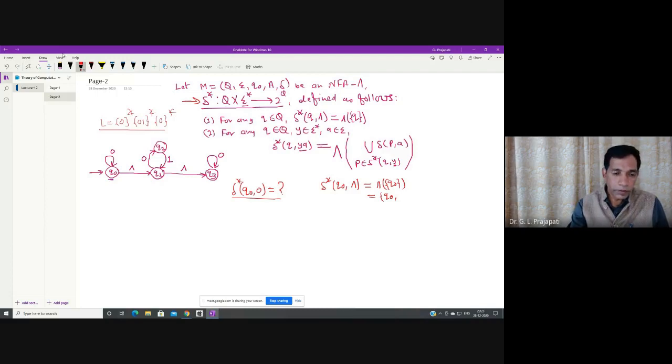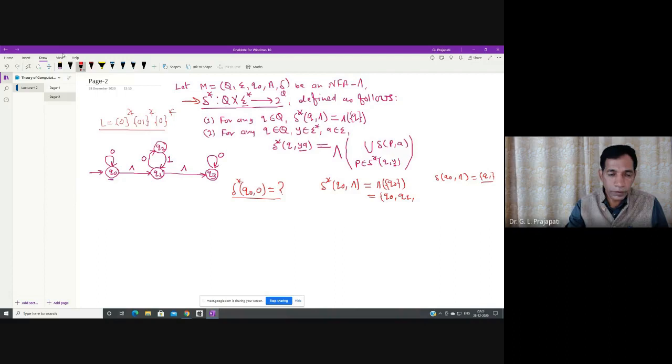You are at q0, you have the null transition, and your machine goes to the state q1, and hence q1 is also an element. Now you have to consider q1 also.